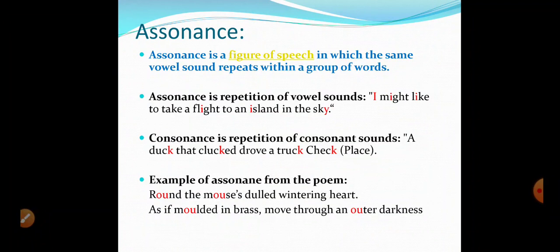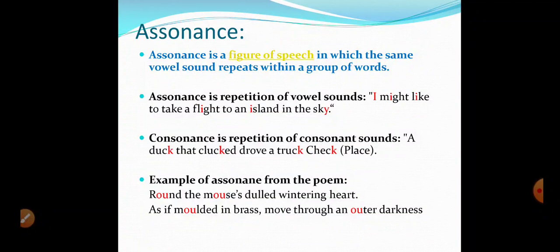For example, round the mouse's dull wintering heart. Round, mouse. O-U, O-U. Round, mouse. Same sound. And they are closer together. In the next line, as if molded in brass, moved through an outer darkness. But one thing must be clear, that it actually depends upon the sound, not the letters. So mold, outer.